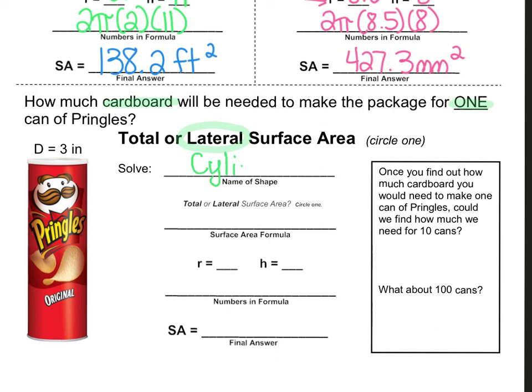So again, we're still going to name the shape. It's a cylinder. We decided we wanted lateral. So then we've got to say, well, that's just the first half of the total equation. So 2 pi RH. Over here, it tells us that the D equals 3. Remember that D is diameter. We want the radius. So 3 divided by 2 would give us a radius of 1.5.